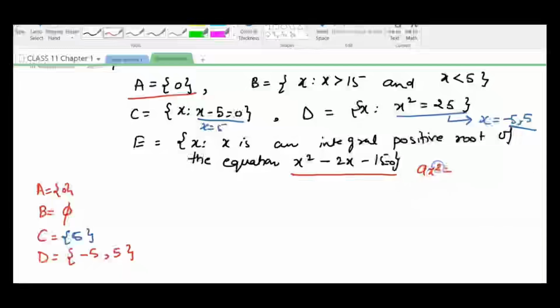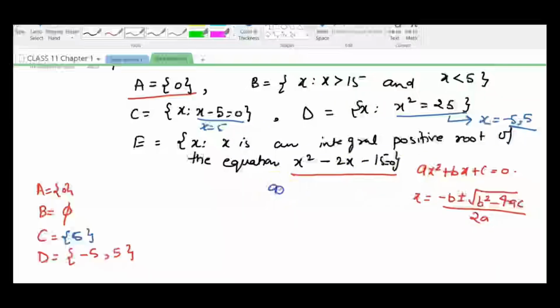If we have the equation ax square plus bx plus c is equal to 0, the root of this equation is given by x is equal to minus b plus minus square root of b square minus 4ac, divided by 2a. If we compare the equation x square minus 2x minus 15 is equal to 0 with this, we will get that a is 1, b is minus 2, and c is minus 15.